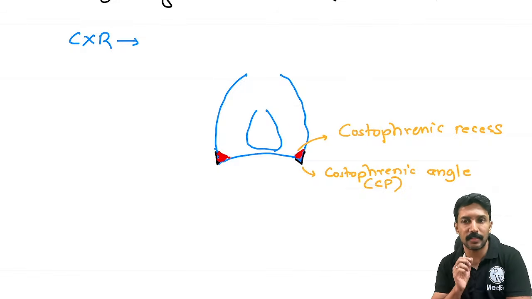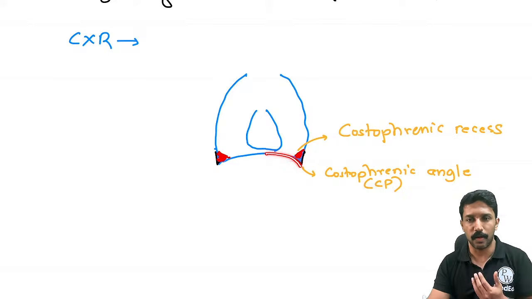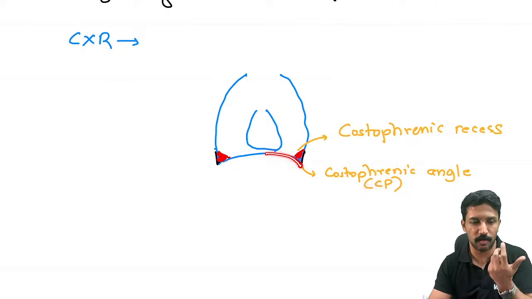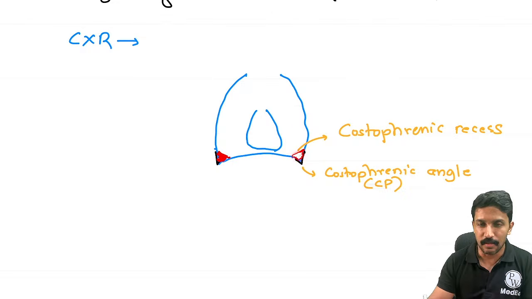As the fluid collects in the costophrenic recess, remember that fluid on the X-ray appears as white, or opacity. Air appears as black, so the lung field appears black on most X-rays. But as fluid accumulates, here it will no longer appear black, and this angle is no longer sharp. It becomes blunted.